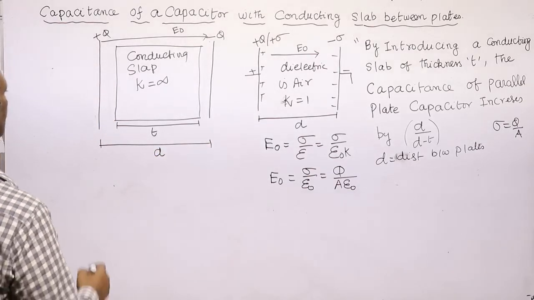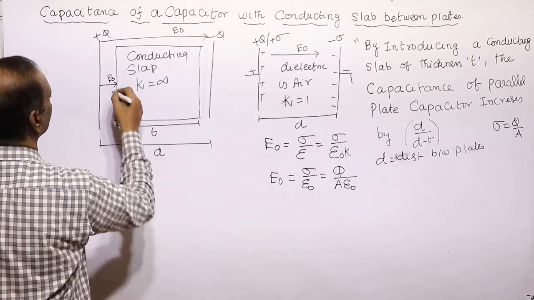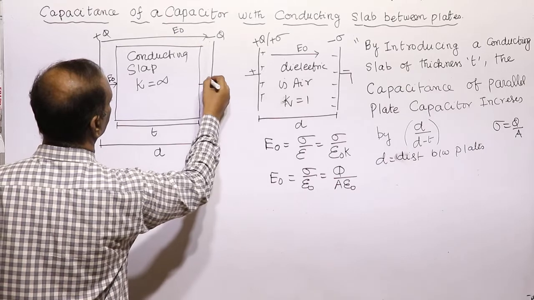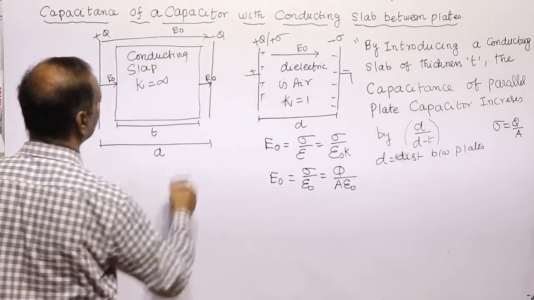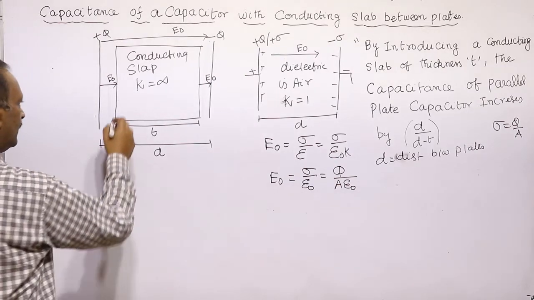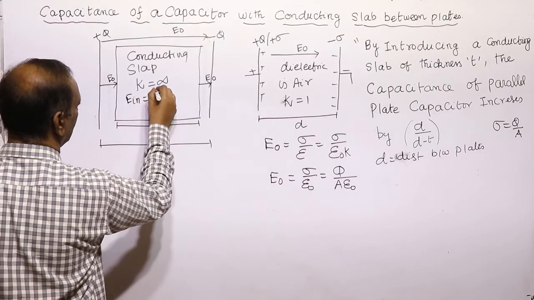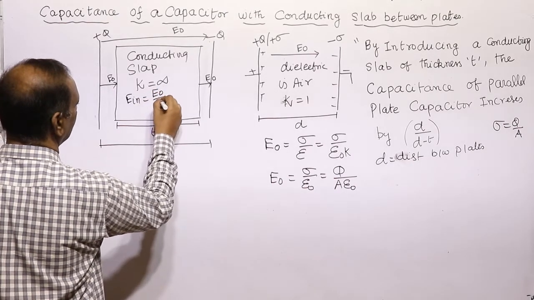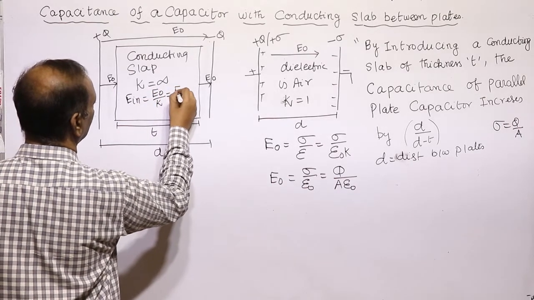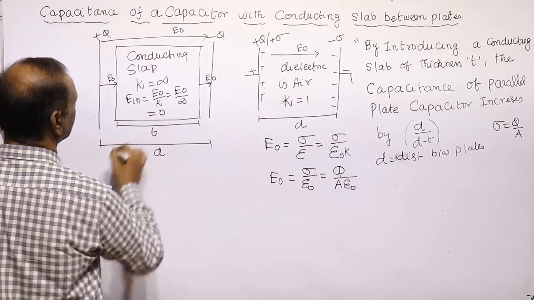Now we see the electric field here, up to here the electric field will be E naught, and again here the electric field will be E naught. In between there won't be any electric field, because the electric field inside the slab is equal to the applied electric field divided by K, and K is equal to infinity, so E inside is equal to 0.